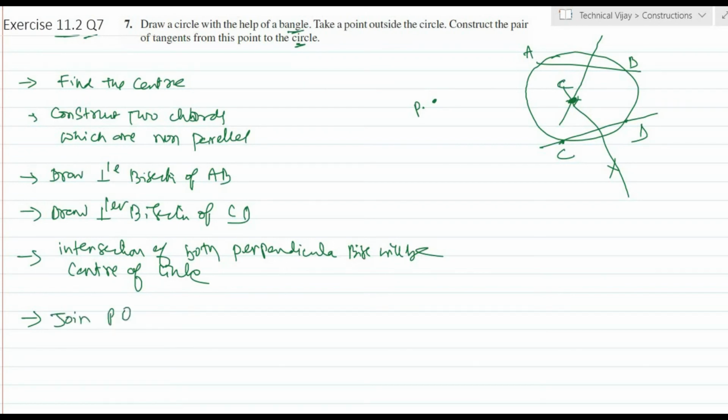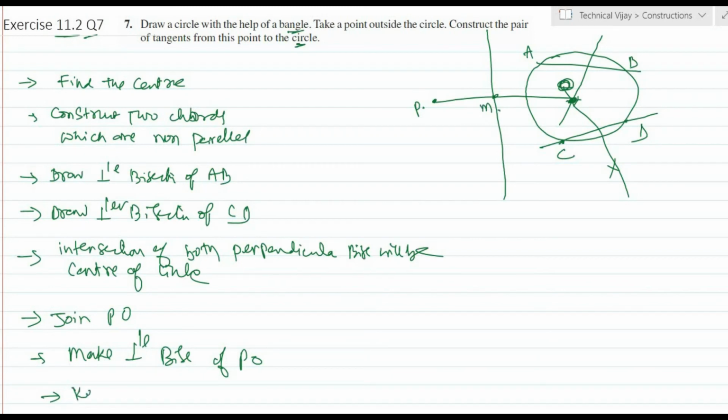Again make the perpendicular bisector of PO, and let this point be M. Keeping M as center and MO as radius, draw a circle.